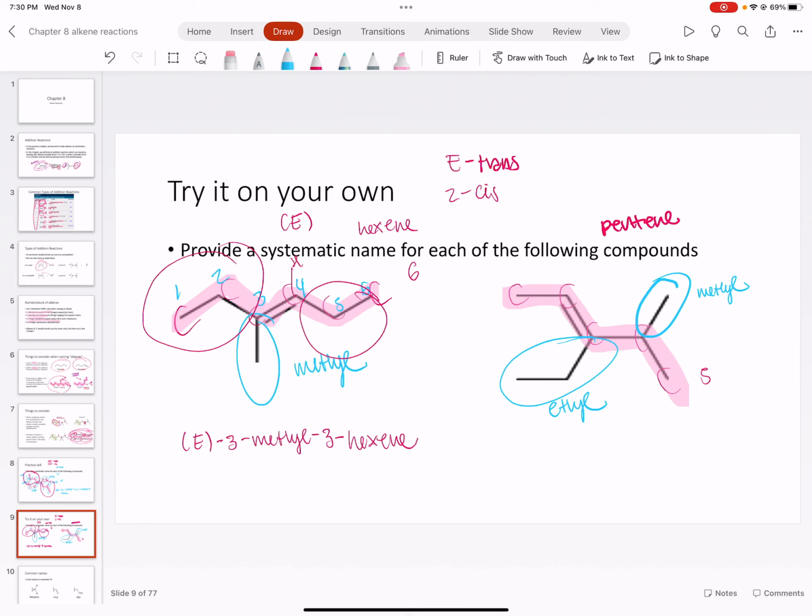Okay, perfect. Methyl, ethyl, we have this. We can assign our substituent numbers. So then we have 1, 2. So in this case, and in any case, we want our alkene to hold the lowest substituent number.